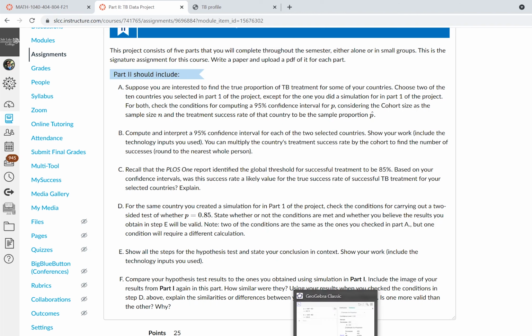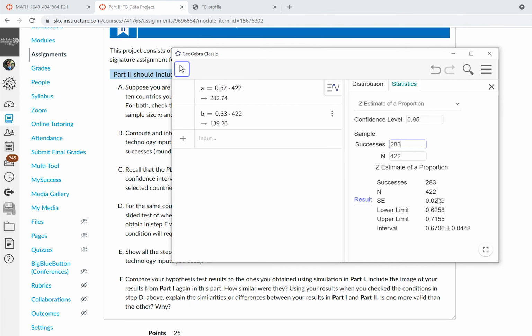For example, for me, my interval was from about 63% to about 72%. Unfortunately, 85% is not a value within that interval. So I would say, no, 85% does not seem like a likely value. This is adding evidence to the fact that 85% is probably not an accurate claim for Czechia.